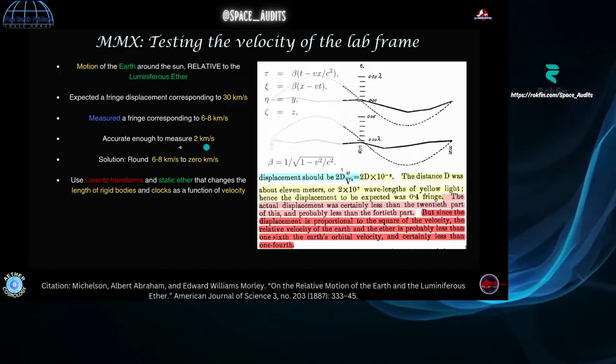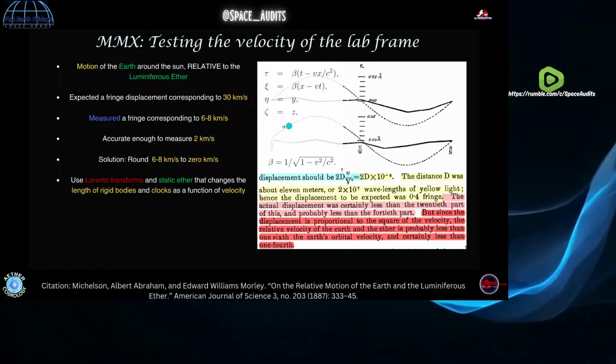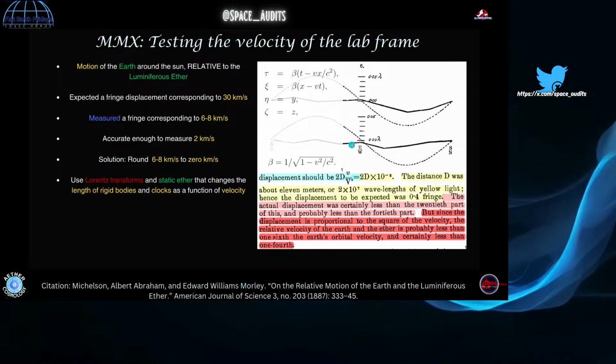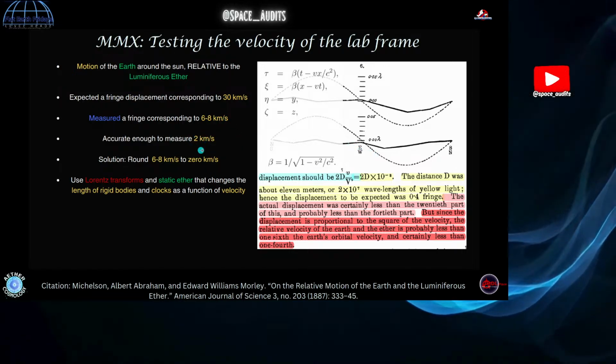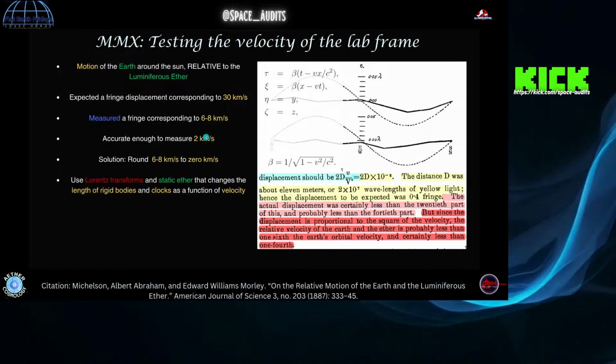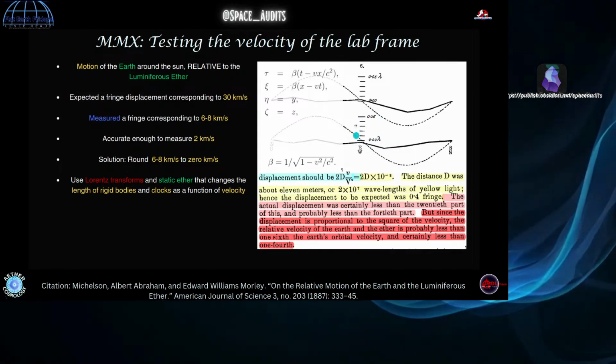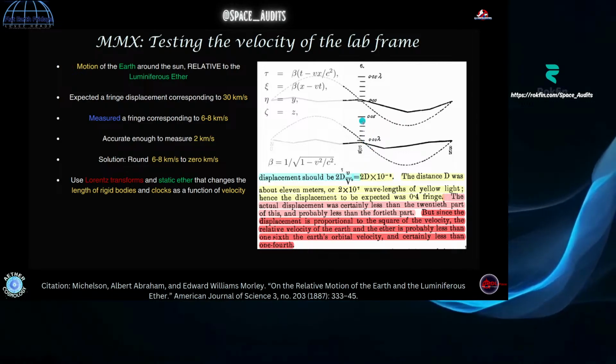The value of 6 kilometers is too much for their experimental error. So what they ended up having to do was round this measurement down to zero, and say that it was just a nice clean zero, and that they measured no change in the difference in the east-west directions versus the north-south.